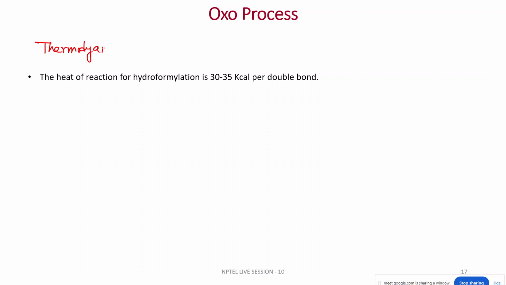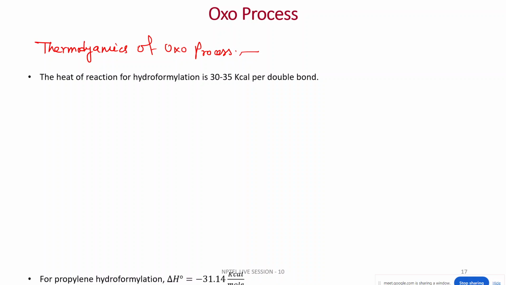We will quickly discuss some thermodynamic aspects of the OXO process. The heat of reaction for the first process, that is hydroformylation, is around 30 to 35 kilocalorie per double bond.